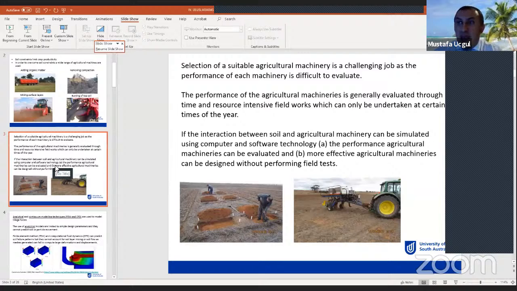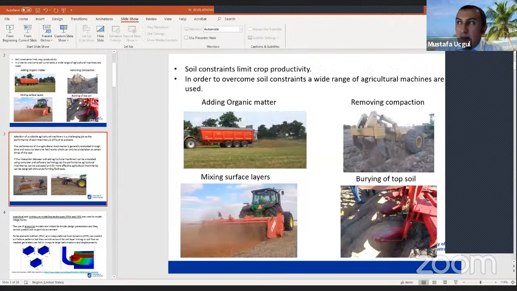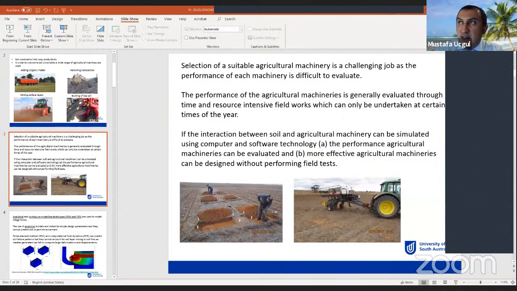And the selection of suitable agricultural machinery is a very challenging job because you need to know what exactly your machine does so that you can get the maximum performance from your device.